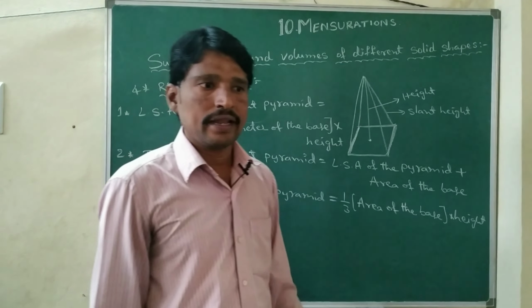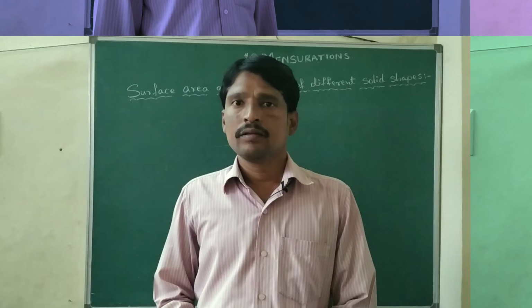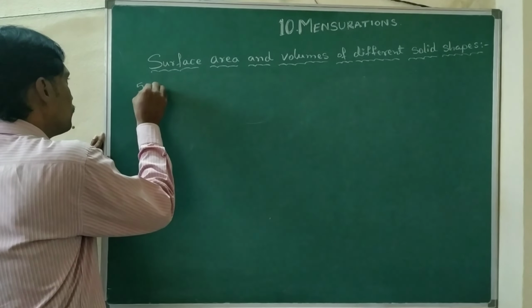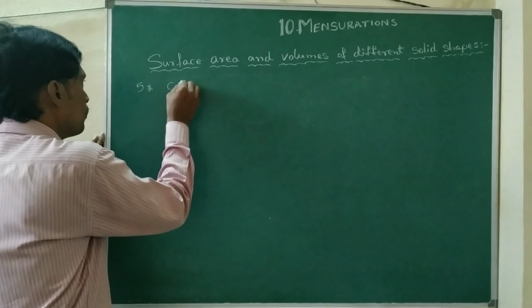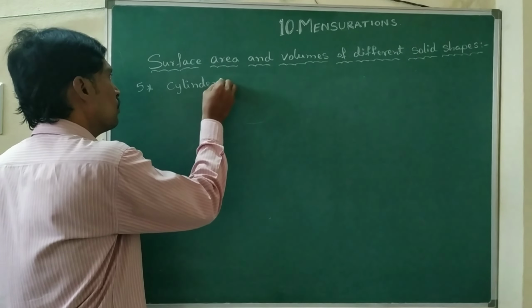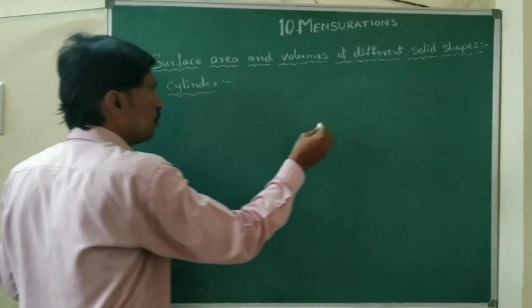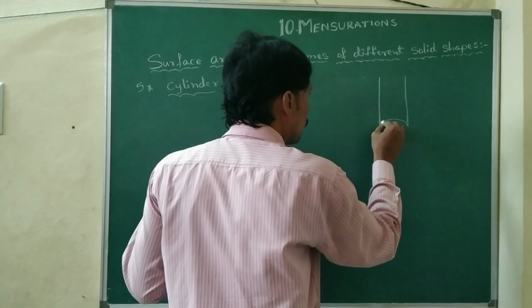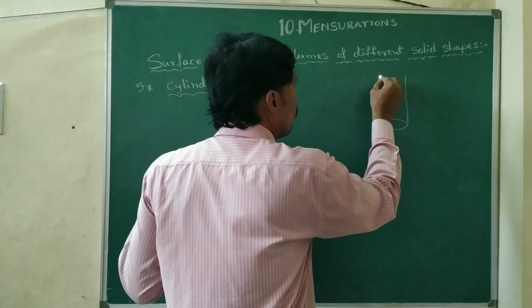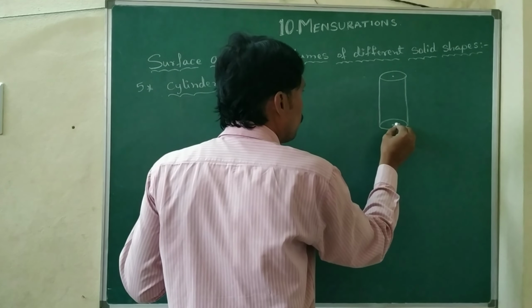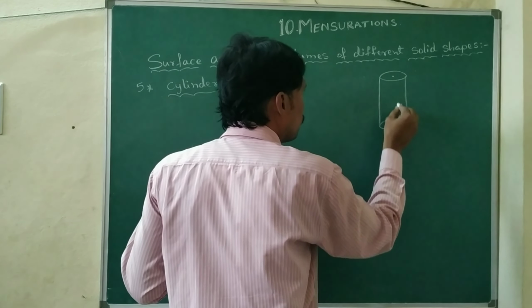So next it is cylinder. Fifth one, it is cylinder. It is the shape with two circular ends, and this midpoint we can say is the radius of the cylinder.